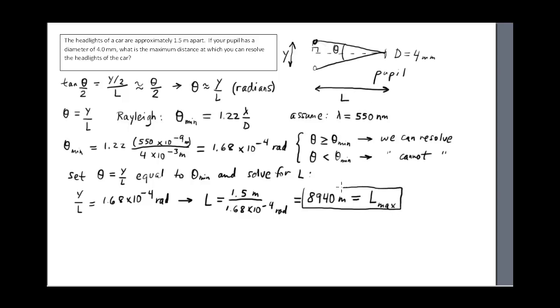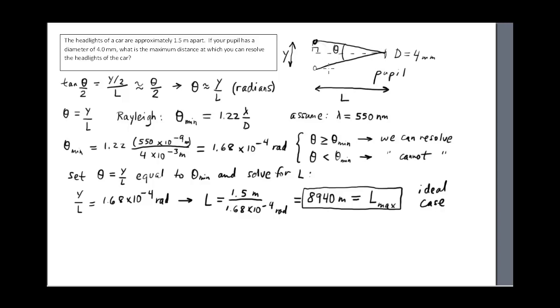Now, one thing I should say about this, though, is this is representing an ideal situation, an ideal case. If this whole experiment were taking place in the vacuum or near vacuum of outer space, then it would probably be a pretty good approximation to what you would see. However, on Earth, the light that goes from the headlights to our eyes has to pass through the atmosphere.